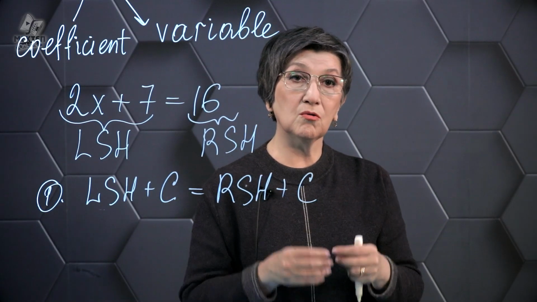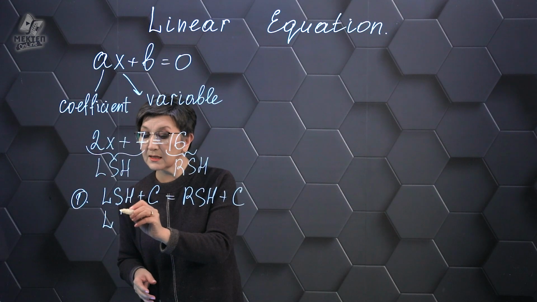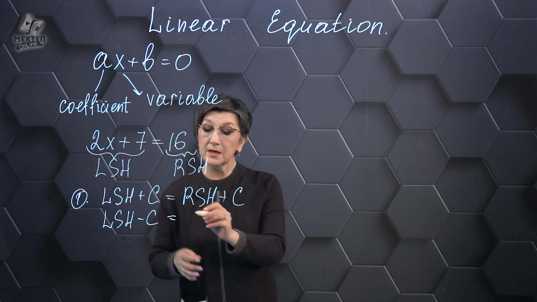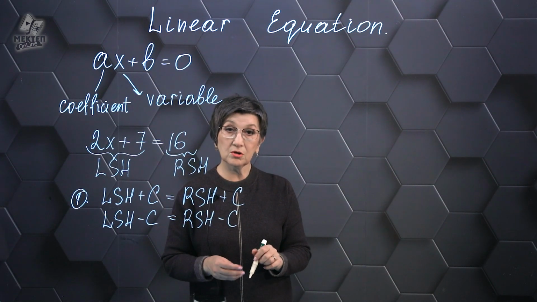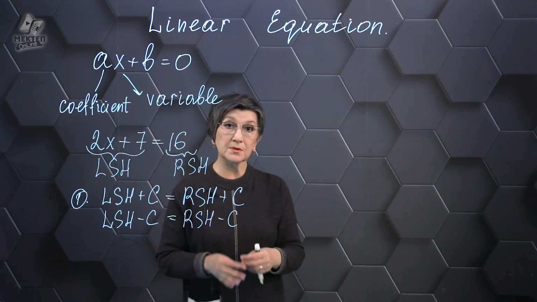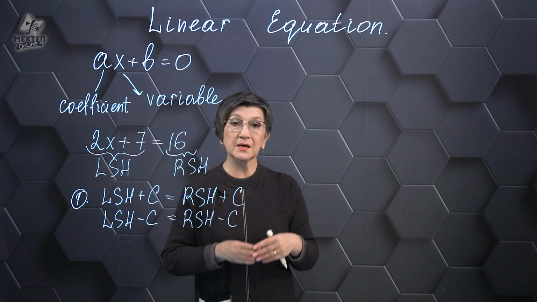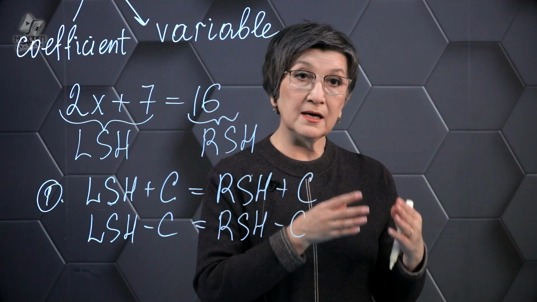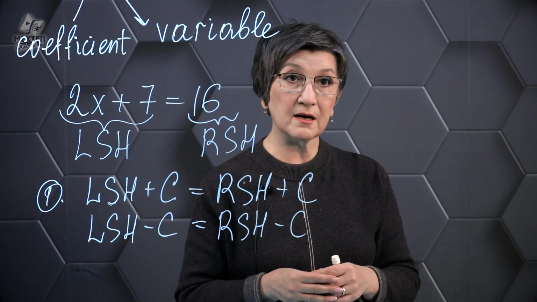Likewise, if we subtract the same number from the left side and from the right side as well, then I will have a correct equation. Thus, if I simultaneously add a positive number or a negative number to both the left and right sides of the equation, then I end up with a true equality.